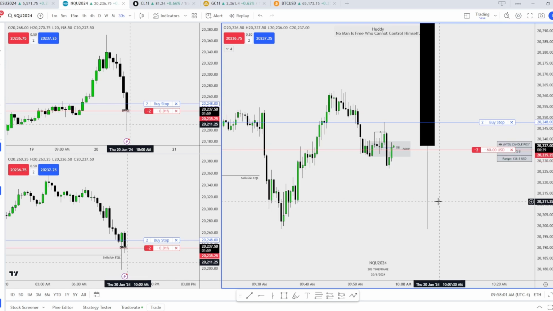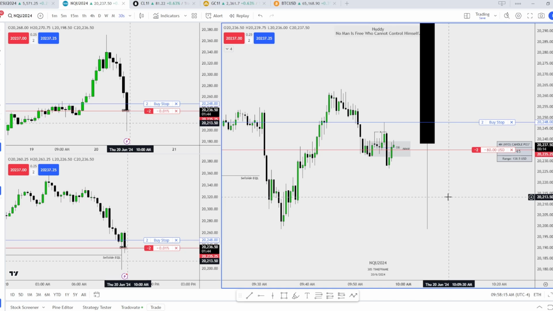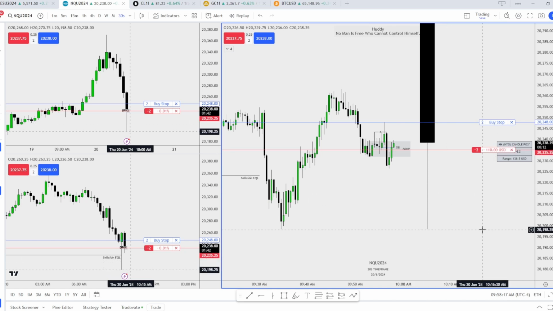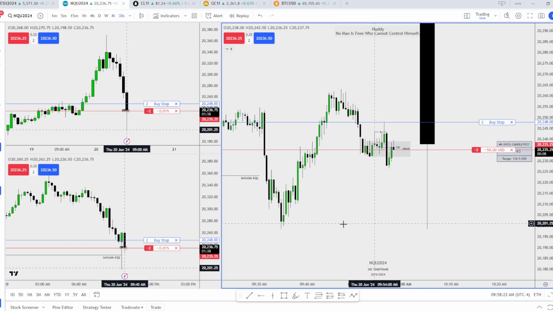Now, why am I taking partials when I think sell side is the draw on liquidity? Well, the reasoning for that is just because I am taking partials at places in the chart that I think we could get a bounce off of or a reaction, and I don't want to be a part of a bounce and then could maybe come back and stop me out before running to my TP, right?